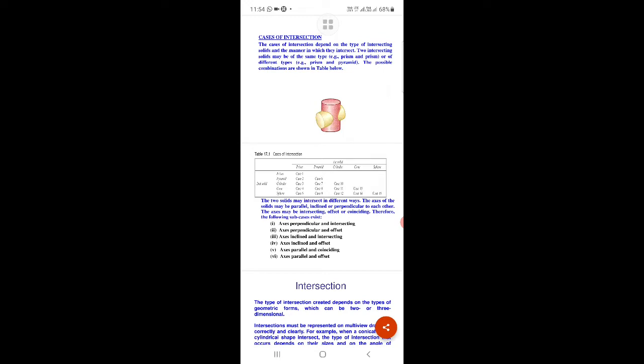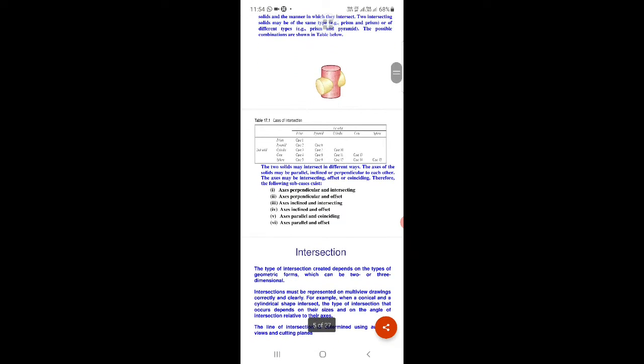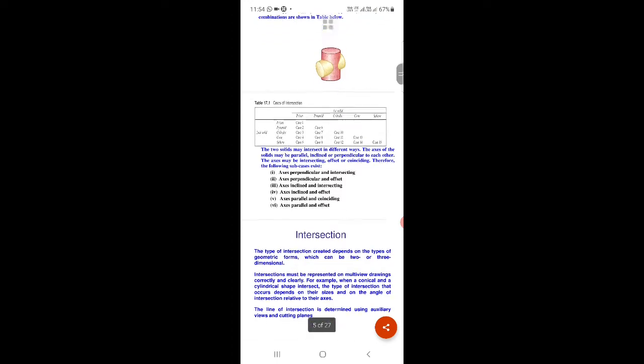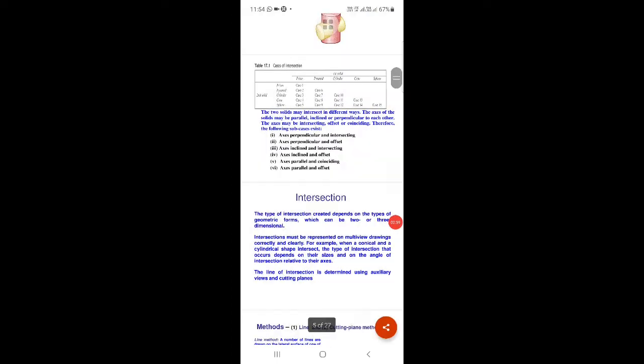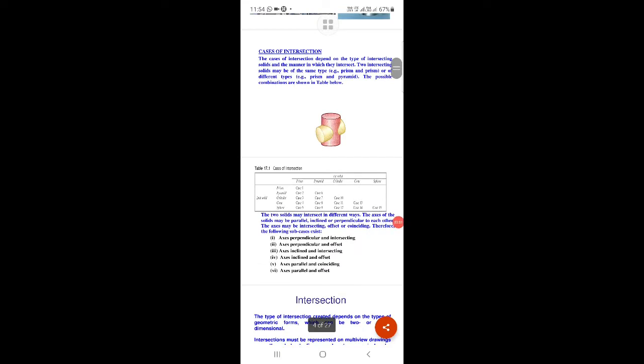The axes may be intersecting or coinciding. The following cases are used: axes perpendicular and intersecting, perpendicular and offset, inclined and intersecting, inclined and offset, parallel and coinciding, parallel and offset. So write down these curves of intersection first, then start the next section.